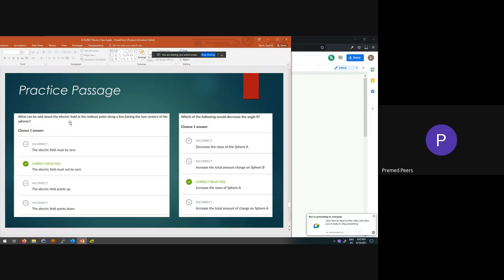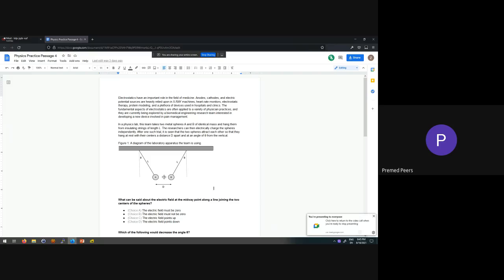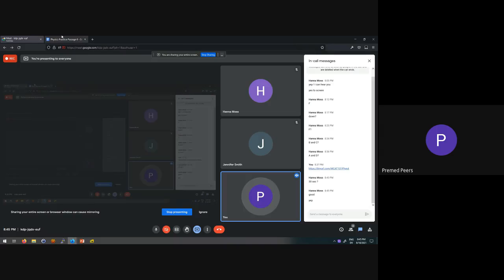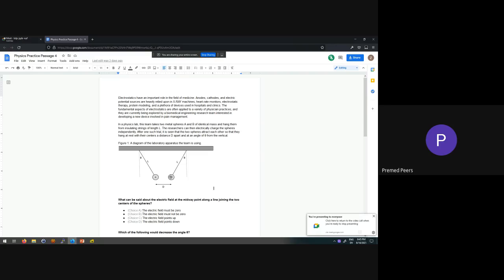So what can be said about the electric field at the midway point? Remember, let's start at the beginning here. The spheres attract each other, right? Because we know they're pulling together. So that means they have to be oppositely charged. Let's pick a point somewhere in the middle of these spheres. If we think of the superposition principle, we can just add up the fields, right? Let's assume that A is positive and B is negative.